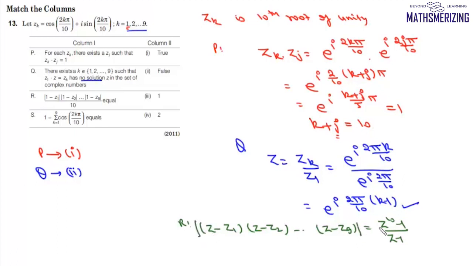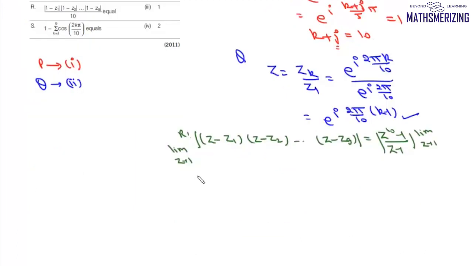And if we take mod both sides, and if we take this limit z tends to 1, then we'll get mod of (1 minus z1) into mod of (1 minus z2) ... into mod of (1 minus z9) will be equal to 10.